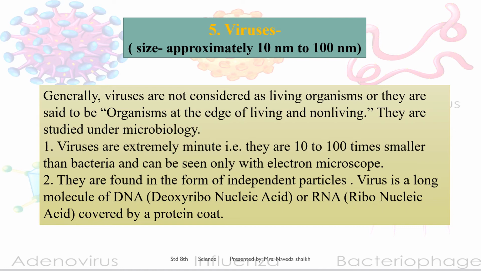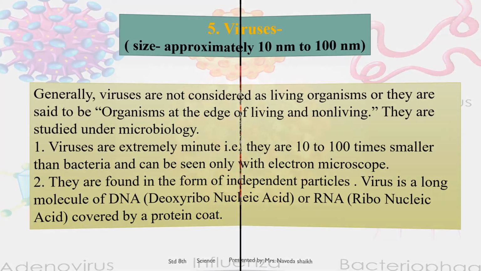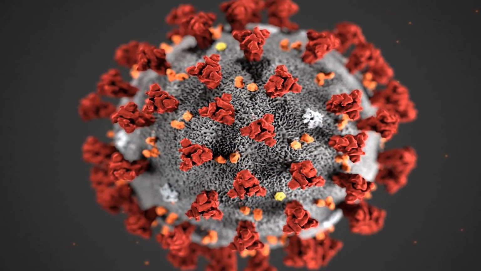They are found in the form of independent particles. Now, a virus is a long molecule of DNA or RNA covered by a protein coat. Here you can see today's very important thing, which is the coronavirus, and we have already educated ourselves because we are learning so much new every day from television, newspapers and radio about coronavirus, how it survives only in living animals, and that is humans right now.